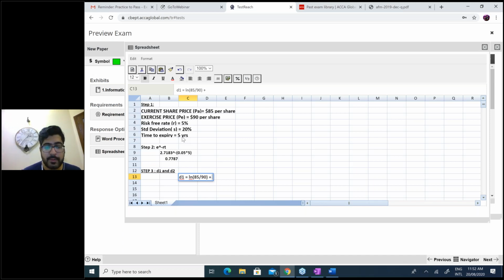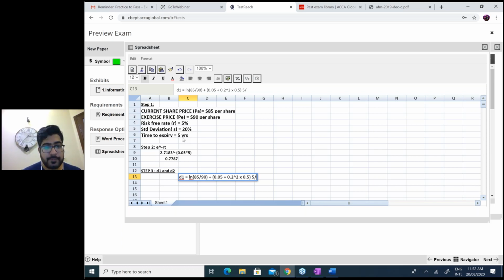Plus R, which is 0.05 plus S square. S is 0.2 square, power 2, into 0.5 bracket close T. T is 5. Okay.